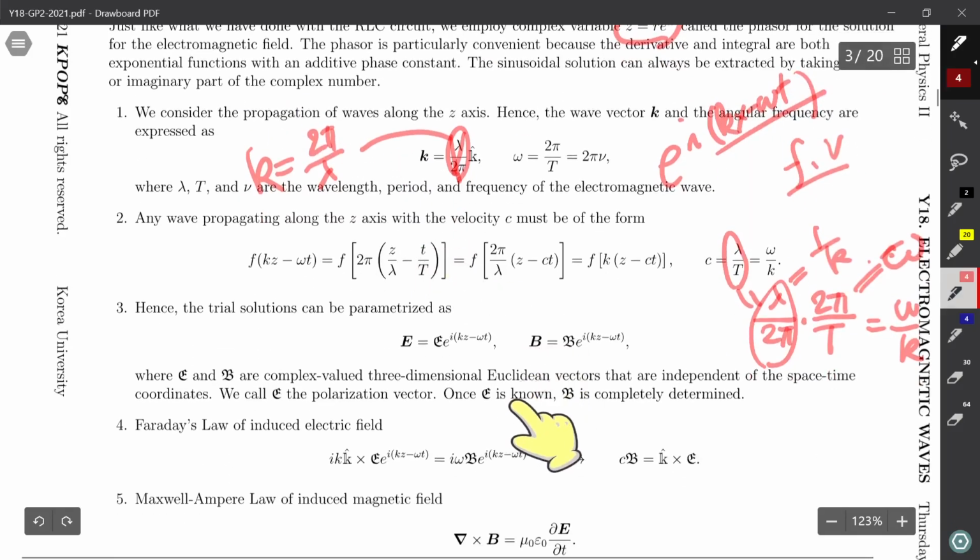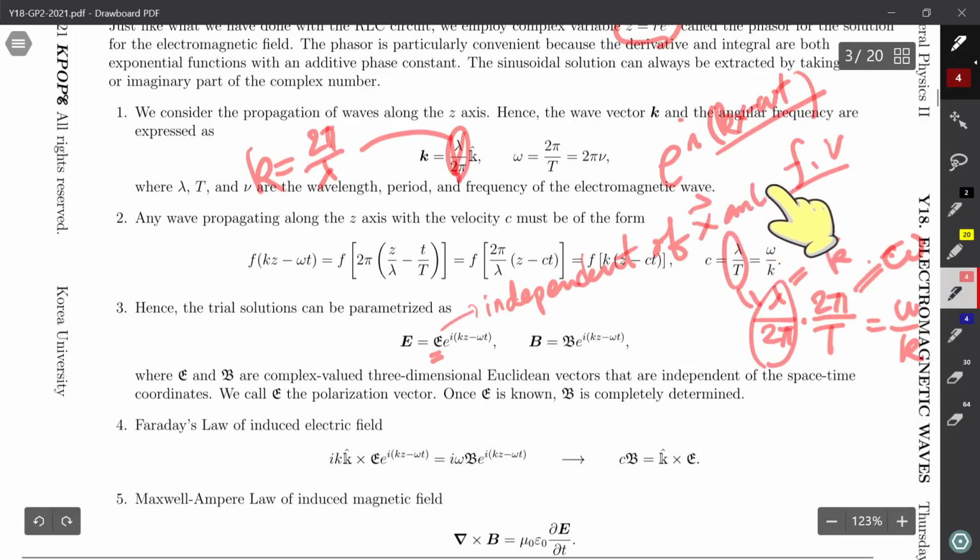Hence, this is a vector parallel to E, but independent of x and t. The magnetic field is also written in this form, with the vector B independent of x and t.